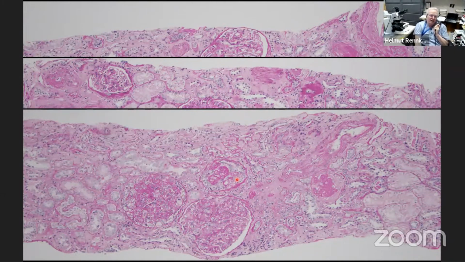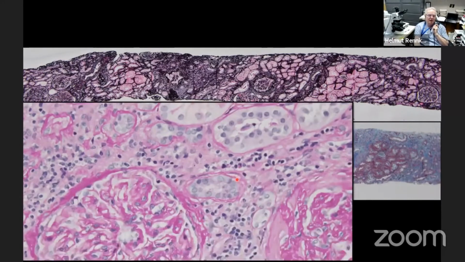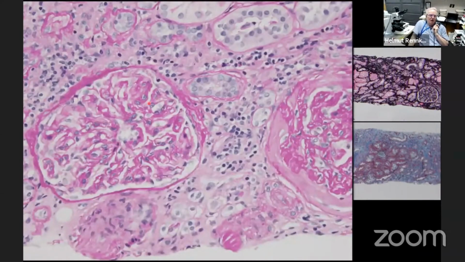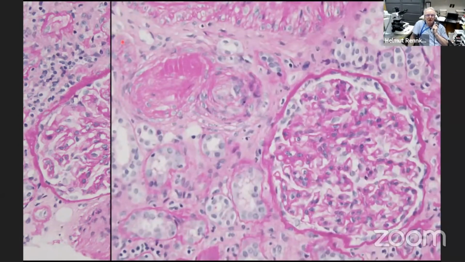And this very easily is attributed to the hypertension. Look at what the trichrome and the silver show you, extensive atrophy in this young man.